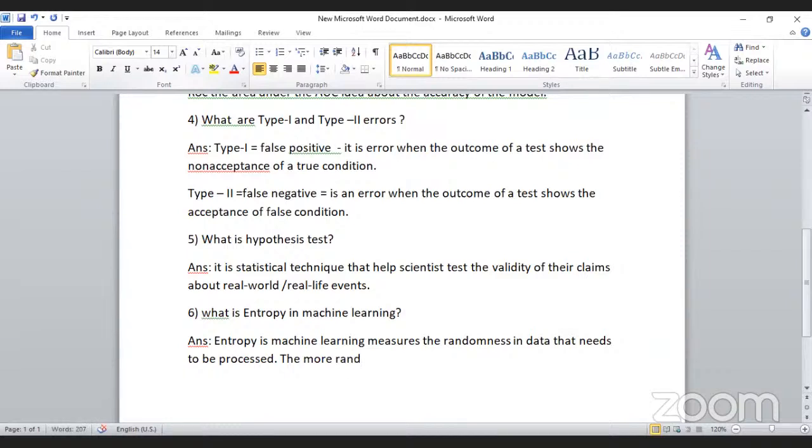The more randomness, the more entropy, or we can say the more entropy in the given data, the more difficult it becomes to draw what we want from the data, to draw some useful insights.